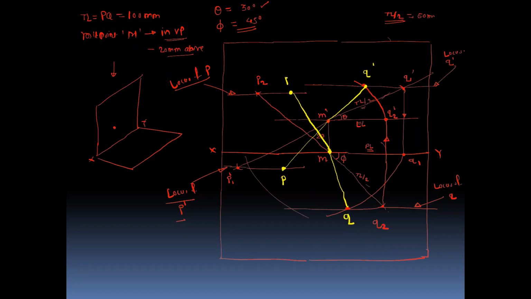So this point will be P dash, which corresponds to P1 dash, and corresponding to P2 it is the actual top view, that is P. Okay, so if you draw this with proper scale, then you can observe these 2 points, P dash and P, must be on the same vertical line, and this Q dash and point Q must be on the same vertical line.